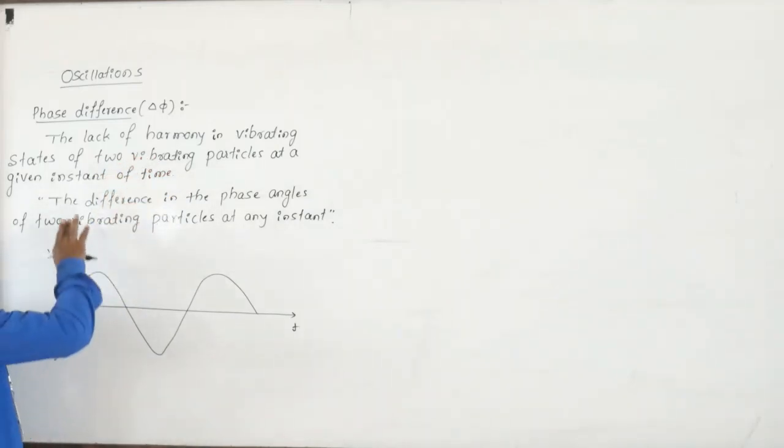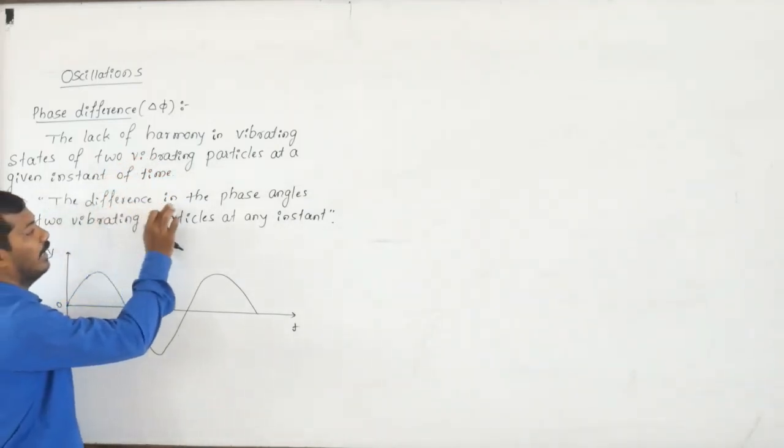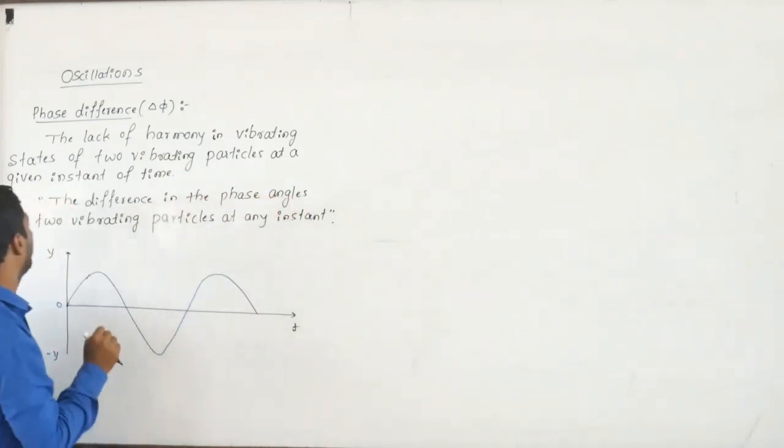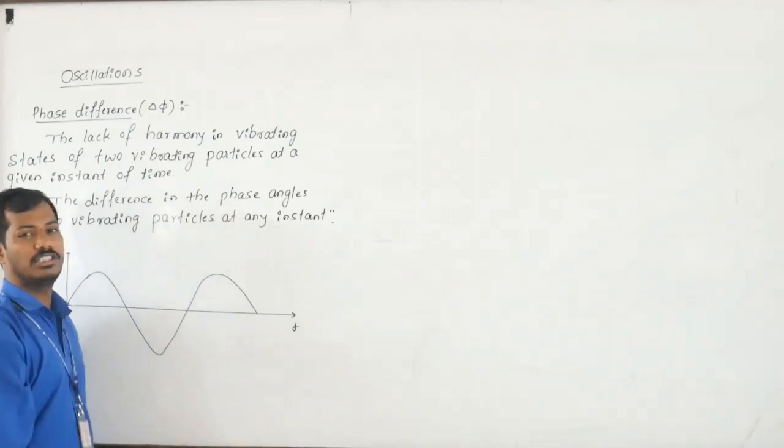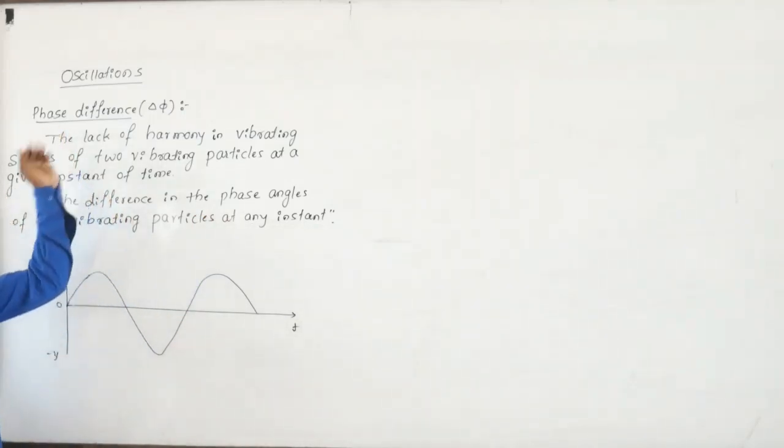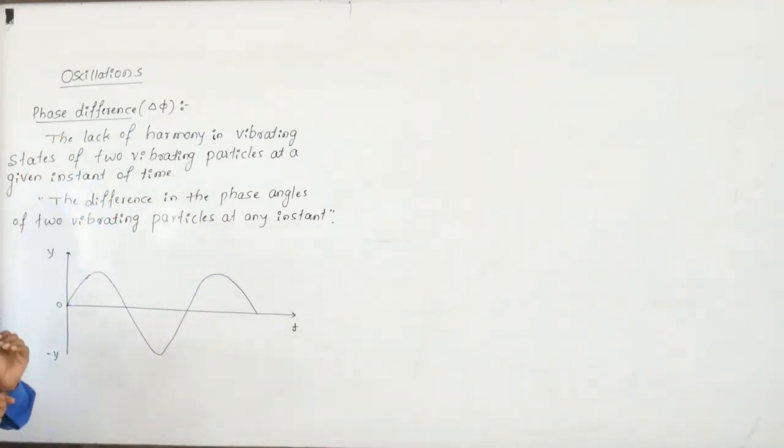The difference in the phase angle of two vibrating particles at a given instant of time is called the phase difference. It means the phase angle between the two particles.